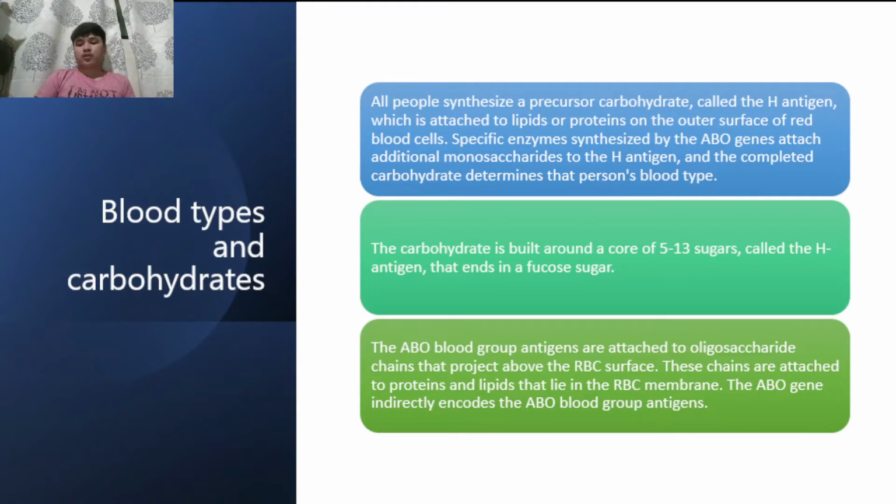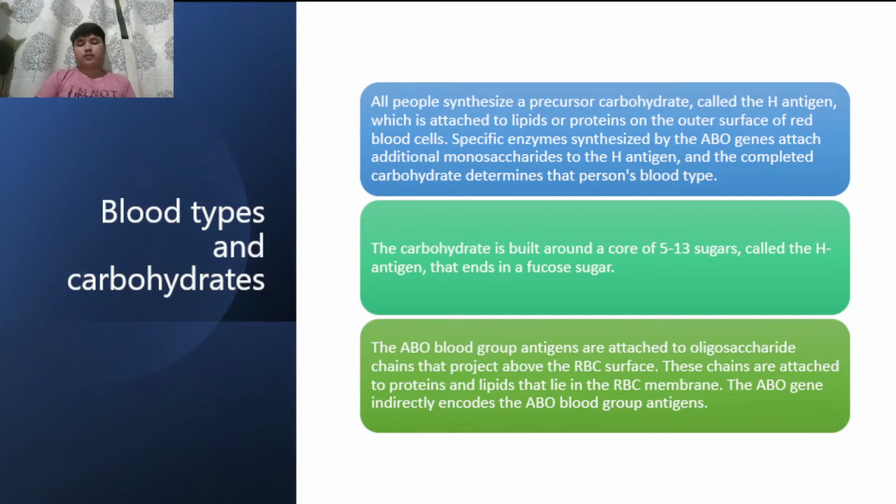Histocompatibility antigen, a major factor in graft rejection. The ABO blood group antigens are attached to oligosaccharide chains that project above the RBC surface. These chains are attached to proteins and lipids that lie in the RBC membrane.